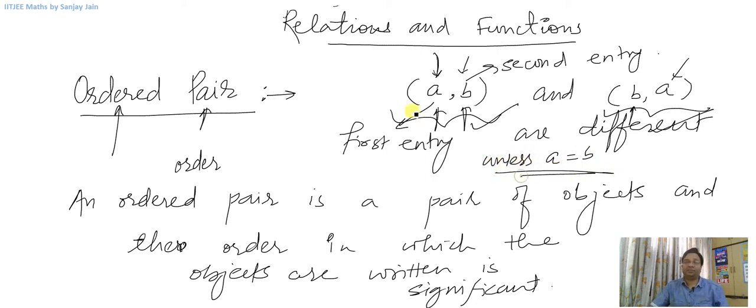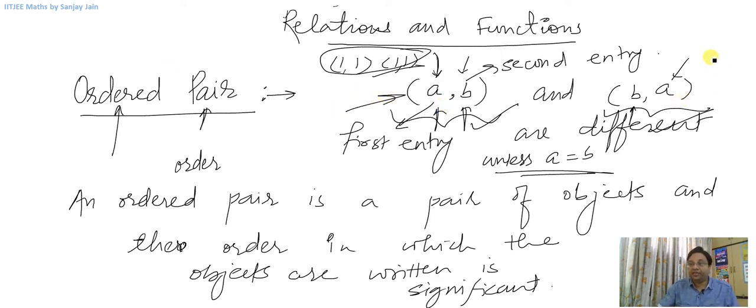This is an exception, because if I write 1 comma 1, how can it be different from 1 comma 1? But until and unless A and B are equal, or let me say it in other terms, if A and B are distinct, then the ordered pair A comma B and the ordered pair B comma A are different pairs.